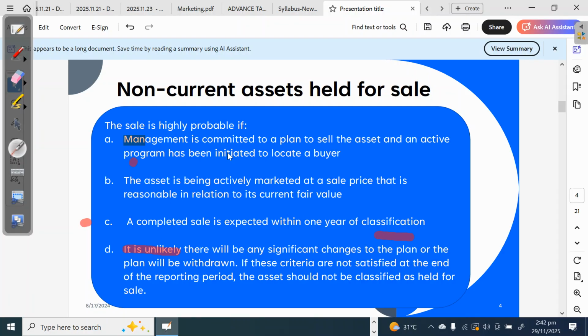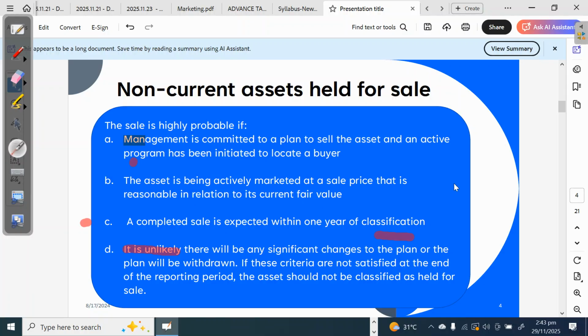So when these conditions are satisfied, then we can classify the asset as held for sale. If any of these conditions are not satisfied, then we cannot classify the asset as held for sale. So you need to remember these points very well.